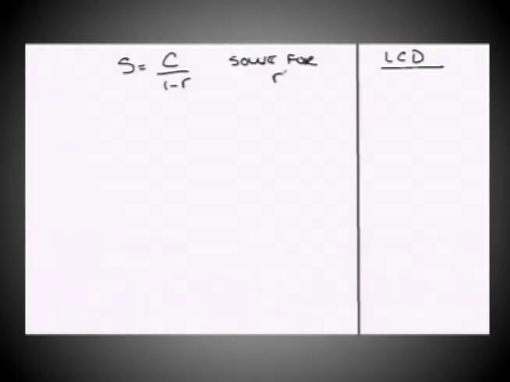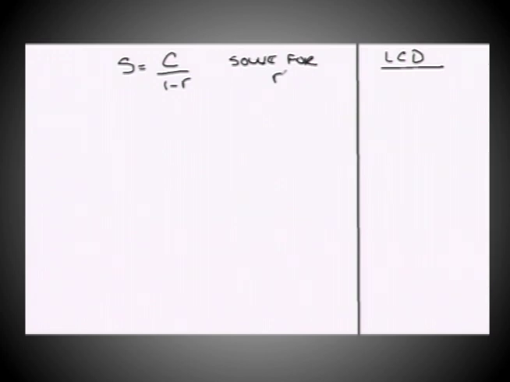All right, so you see I have a formula here, S equals C over 1 minus R. And we're asked to solve this particular equation for the variable R. So when we say solve in this case, we're not talking about coming up with a single value. We're just trying to isolate the variable R in this particular formula.